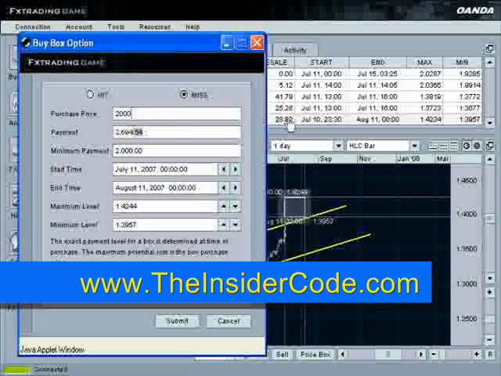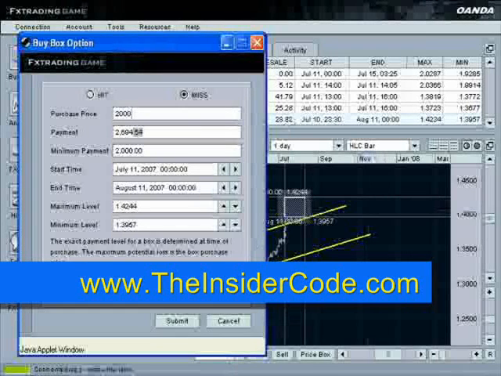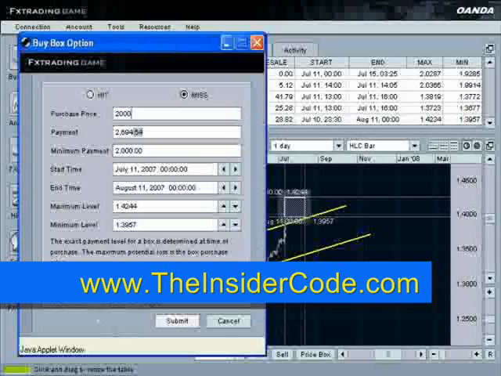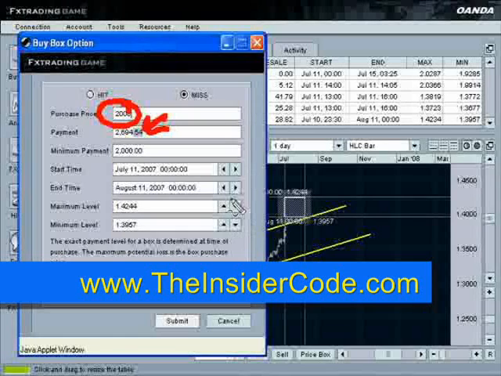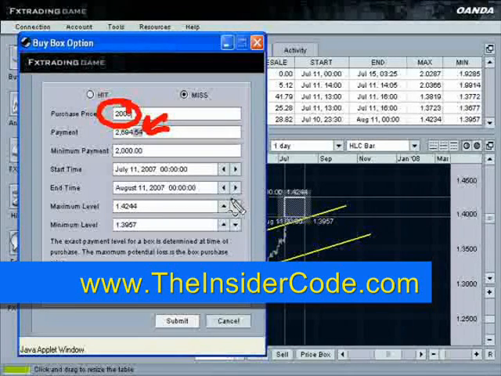Okay, so if we put in $2,000, which is the maximum amount. Okay, they tell you down here the maximum box purchase price is 2,000 pounds. If I go 2,000 pounds and it pays out, it's going to pay me $2,694, which means I'm profiting $694.54.